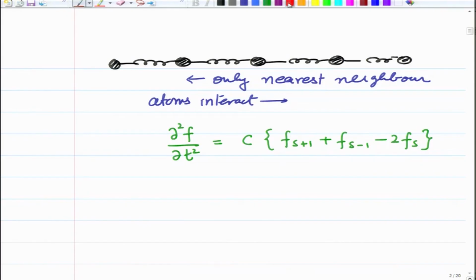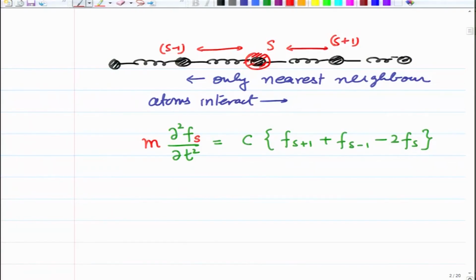There should be a mass term with the displacement, and this is the displacement for the sth atom, and then the rest follows. So, what we are doing is writing the equation for this sth atom out here, as I am showing you on top of the screen. This is interacting with the next atom, the s plus 1th atom, and the s minus 1th atom, only the nearest atoms, and then this becomes the equation.